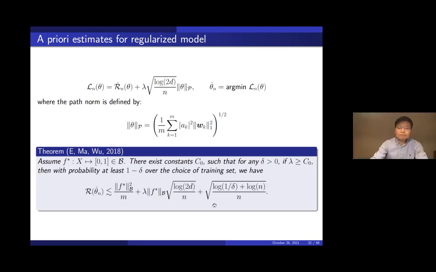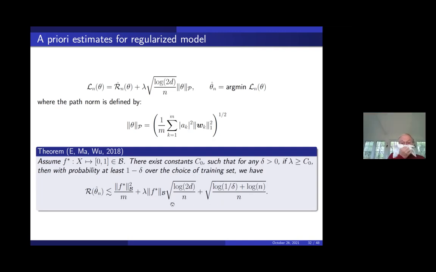There is a standard term that comes out of concentration inequality. For these kinds of theorems, one always has to use concentration inequality. So the theorem always says something like this: for any delta bigger than 0, if lambda is sufficiently big, bigger than some fixed constant like 4, with probability 1 minus delta over the choice of the training data, the following result holds.